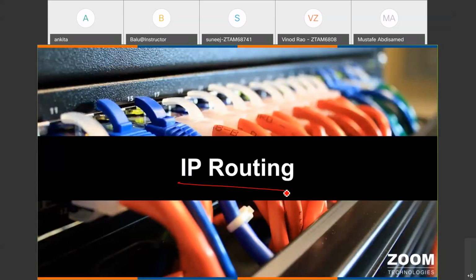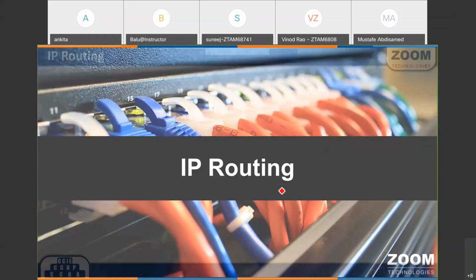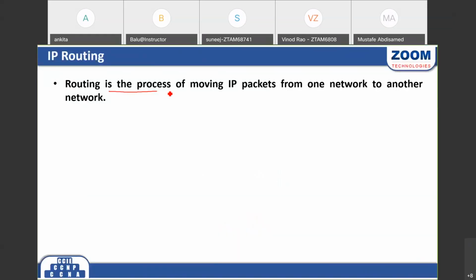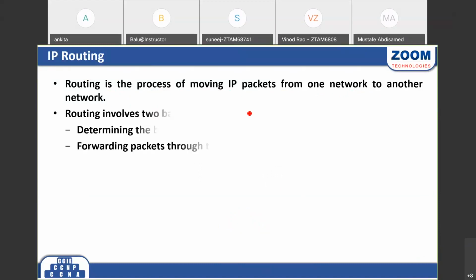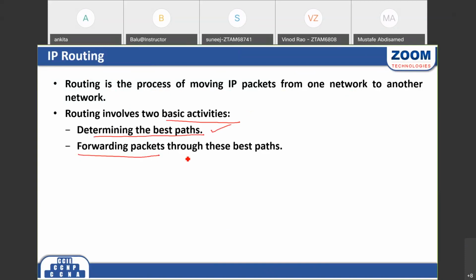What is IP routing now? Routing is a process of moving IP packets from one network to another network. When packets are moving, it does two basic activities. The first is determining the best routes, and then forwarding packets through these best routes.